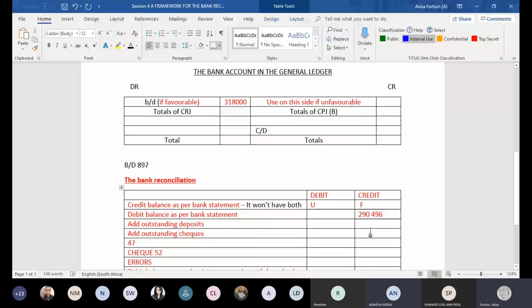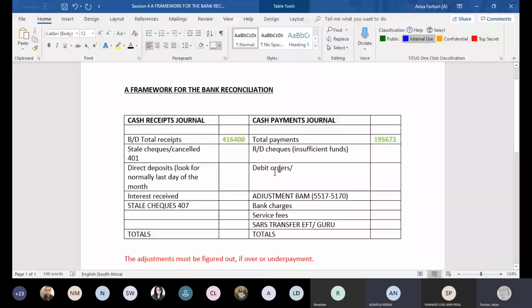So now I will look at my cash receipts and compare them with the bank statement. On cash receipts, day 8, there's an amount of 163,200. I'm comparing whether it appears on the bank statement first.